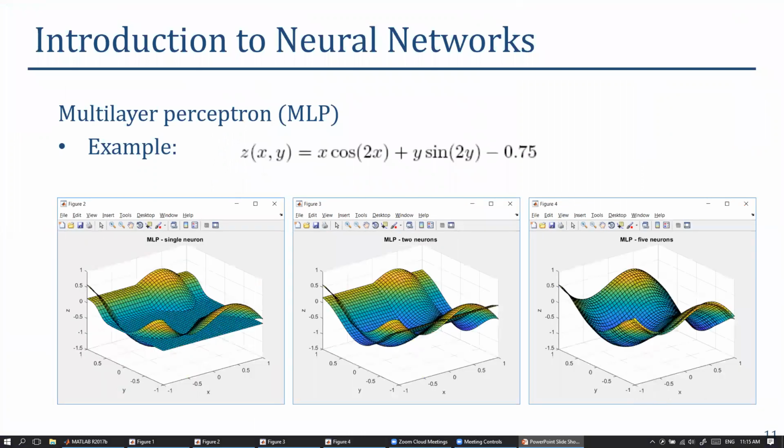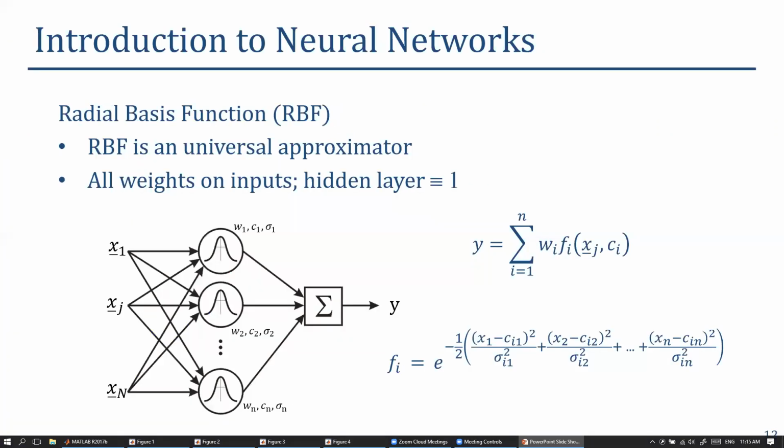Okay, so now another type of neural network would be the radial basis function network. Remember this one, right? Because this is the neural network that we're going to use through the entire lecture, not really as an example, but as a tool, as a comparison to other techniques.